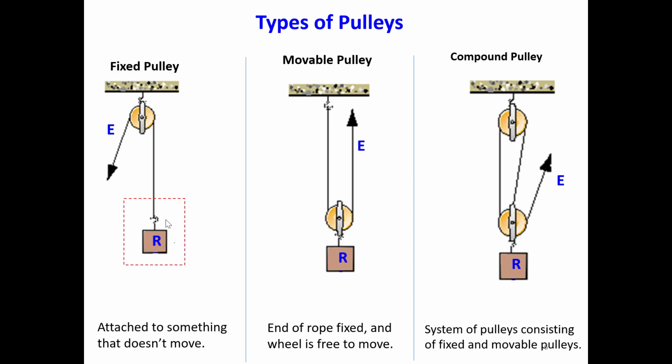Because there is one string that directly supports the resistance, the mechanical advantage of this type of pulley is equal to 1. And this is why this kind of pulley doesn't reduce the effort you have to apply, but this system changes the direction of the force you need to apply.